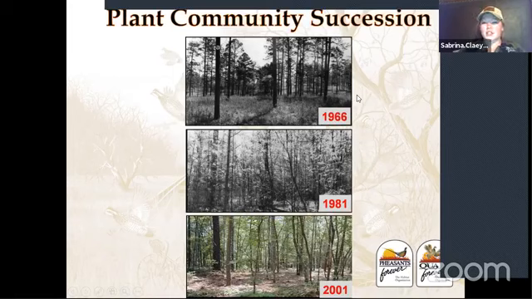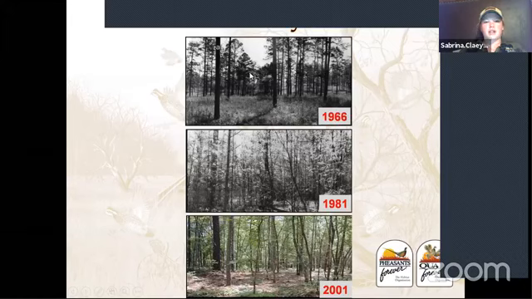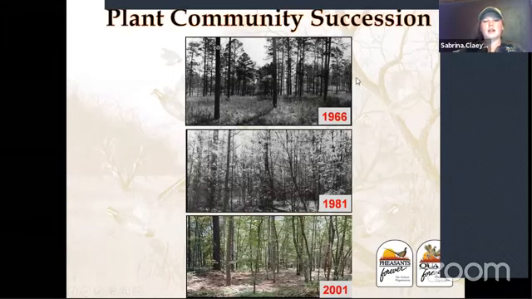So to kind of back up, plant community succession is super important, especially for quail. This is a picture that I really like, because in the 60s and even in the 50s, we had a lot of open pine savanna, even oak savanna type ecosystems and environments. Over time, we stopped doing a lot of burning.